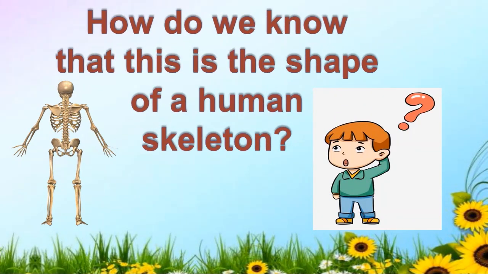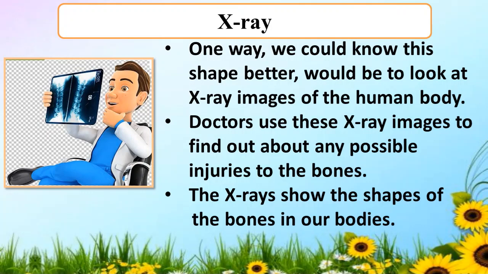Now, a question arises. How do we know that this is the shape of a human skeleton? We can have some idea about the shape and number of bones in some parts of our body by feeling them. One way we could know this shape better would be to look at X-ray images of the human body.